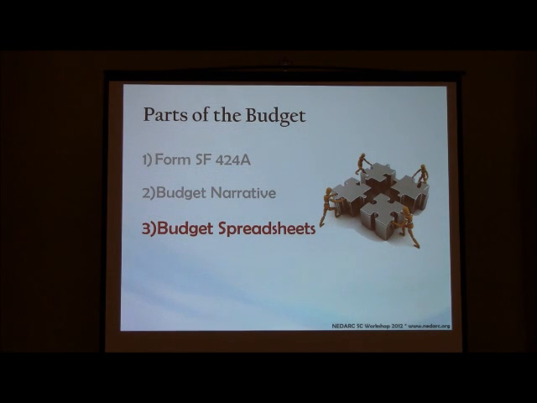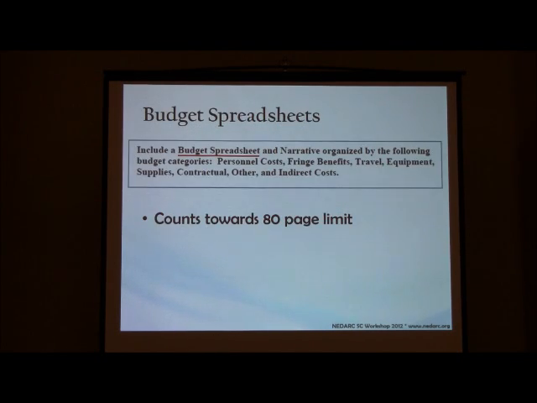So the budget spreadsheets. Now, we have always included these with the NEARC applications, even though they have not been explicitly required. But in this year's FOA, if you look on page, where is it? On page 14 of the FOA, it says here in pretty bold type, include a budget spreadsheet and narrative organized by the categories.